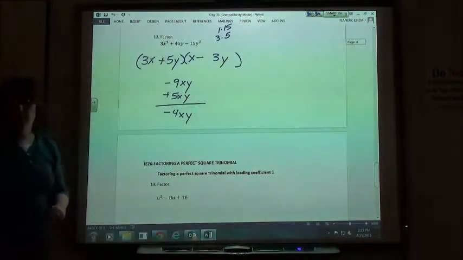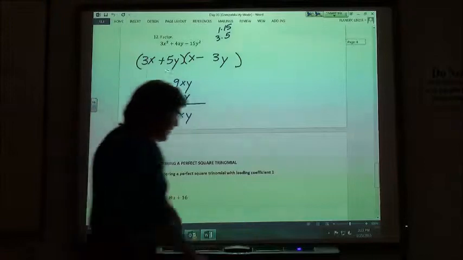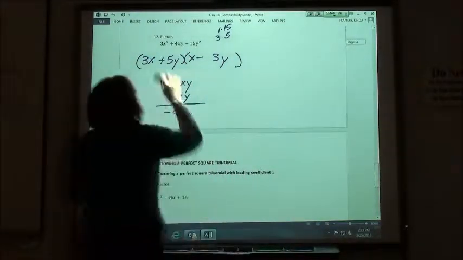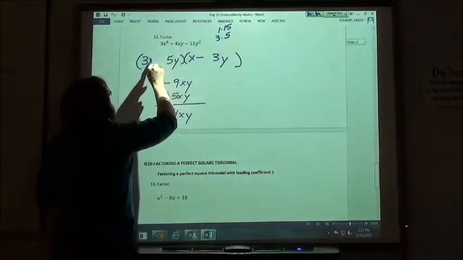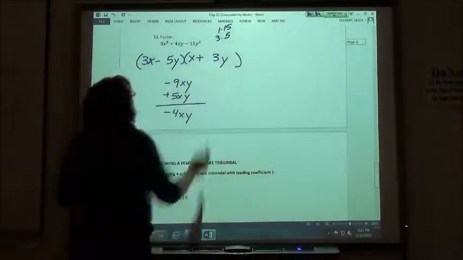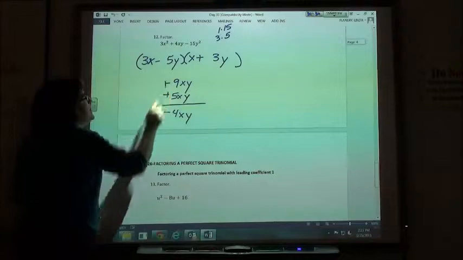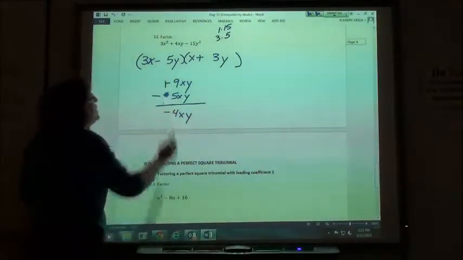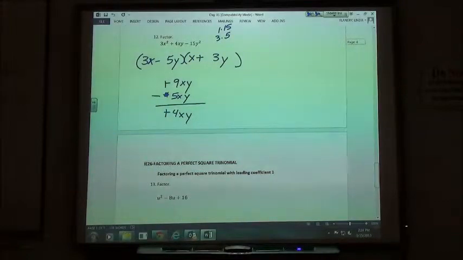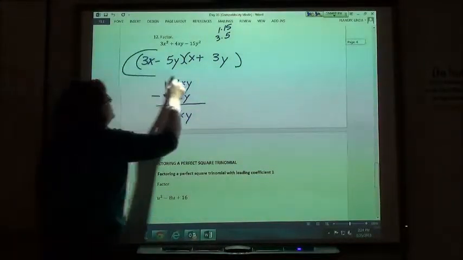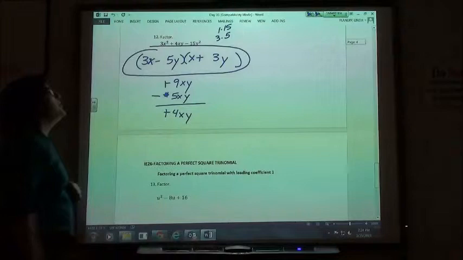Tells me my values are in the right order. I just need to fix my signs. So I'm going to make the first one negative and the second one positive. Now I'm going to get a positive 9xy and a negative 5xy, which gives me the positive 4xy in the middle. So 3x minus 5y and x plus 3y.